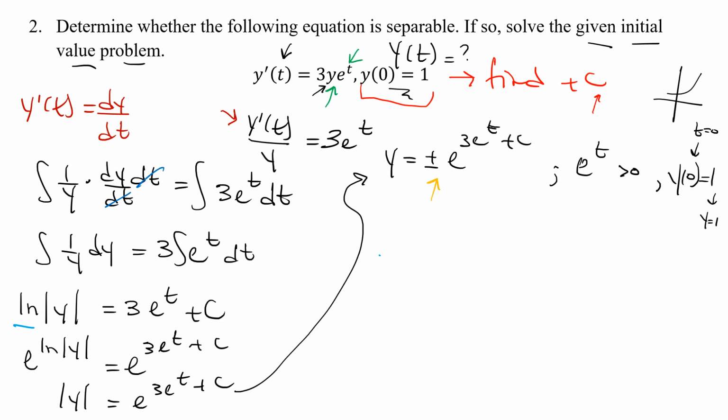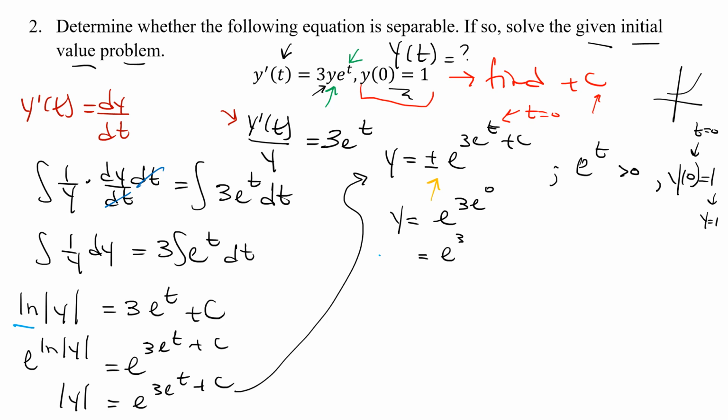So that means if we plug in 0 right here into this t, let t be 0, what do we get for the y? If we plug in that e to the 0, anything to the 0 is 1.